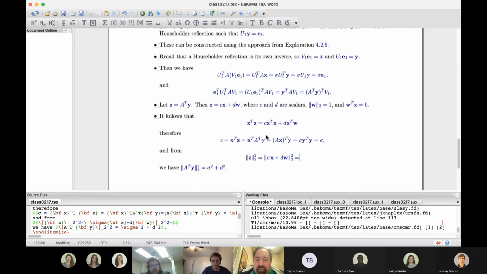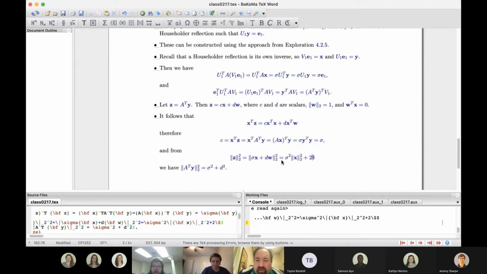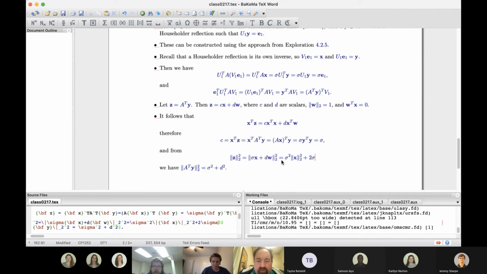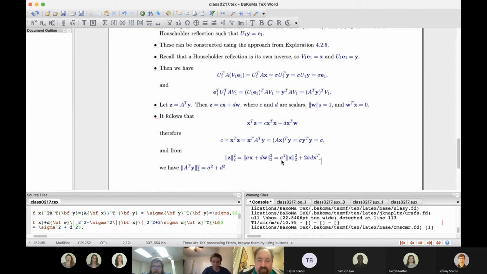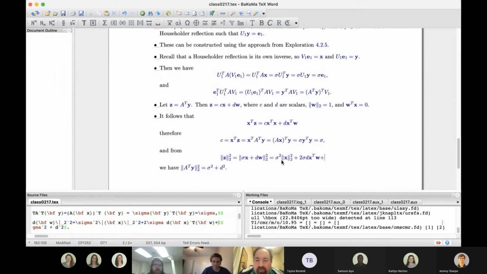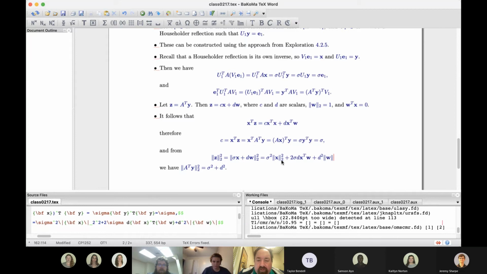Now, using the properties of inner products, because this is the inner product of the vector with itself, what I get is sigma squared X 2 norm squared plus 2 sigma D inner product of X and W plus D squared 2 norm of W squared.